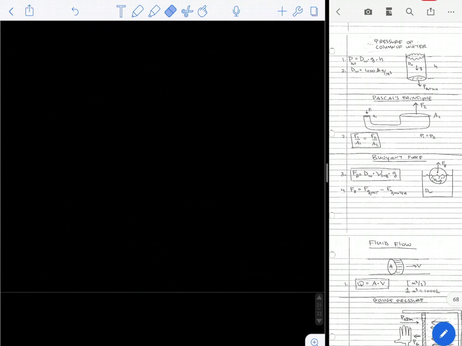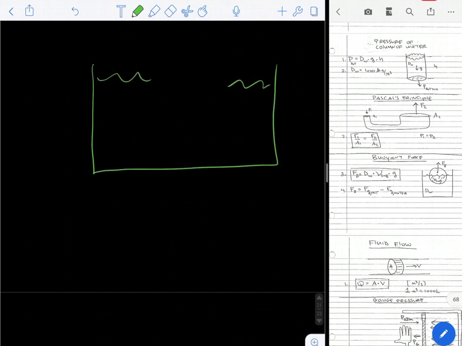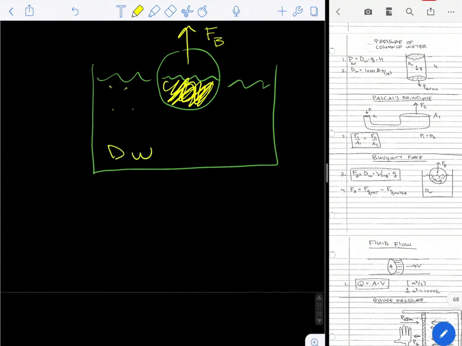Let's look at that one in more detail. So you have your tank of water, and let's imagine a general case where you drop an object into the water, and part of it is exposed in the air, but part of it is submerged in the water. The force that the water exerts to keep this object from sinking is going to be the buoyant force, and it's going to depend on the density of water, but also on this section of the object that's submerged in the water.